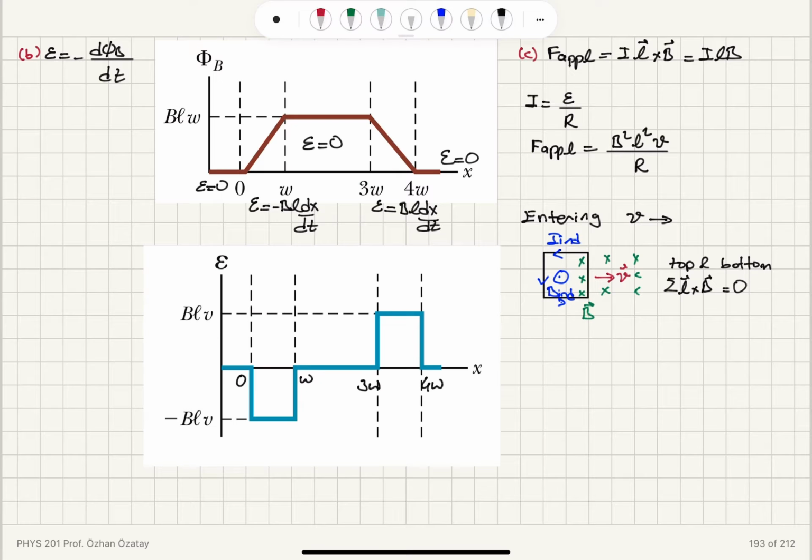The right-hand side has this induced current flowing in this direction. So if you follow the current direction and curl your forefingers into the page, the thumb points to the left, which is telling us that the magnetic force FB must be pointing to the left.